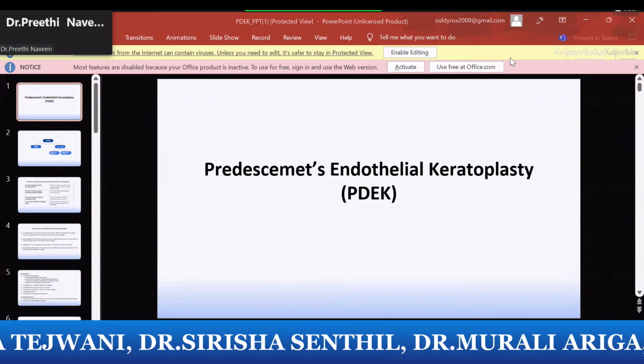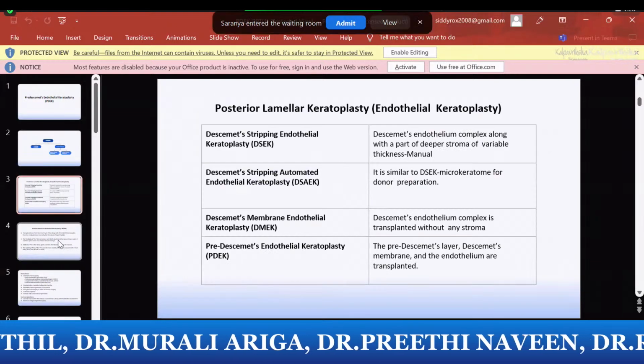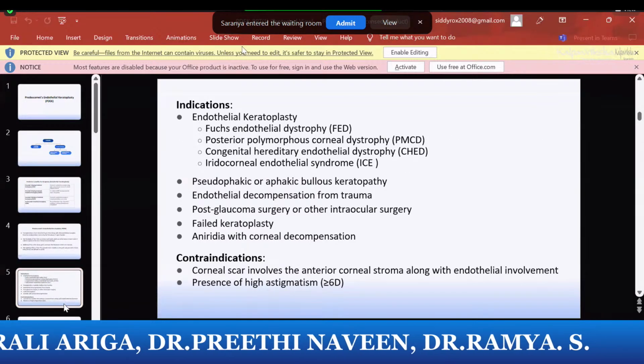Can you see it now? No, doctor. It was moving initially, and then, yes, now it's moving. You're able to see now?